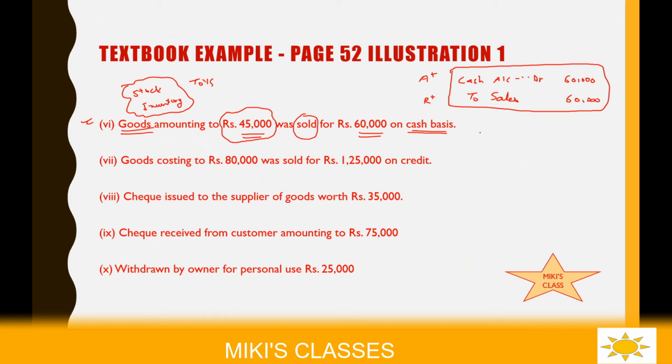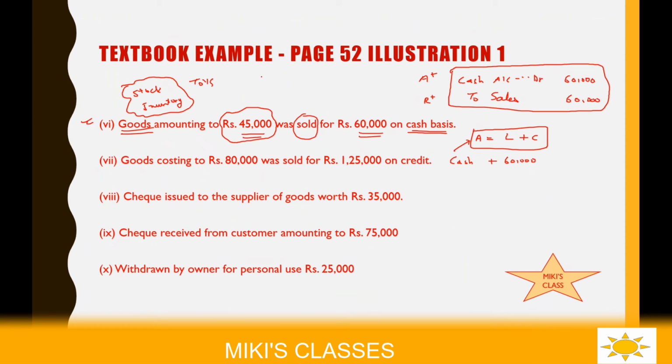Now, how should we look at the accounting equation? Assets is equal to liability plus capital, correct? Here, in terms of cash, the left-hand side of the equation has gone up by plus 60,000, correct? The asset side. How about this revenue? Like we discussed in the last example, within this capital, we have expenses and losses or revenue and gains.